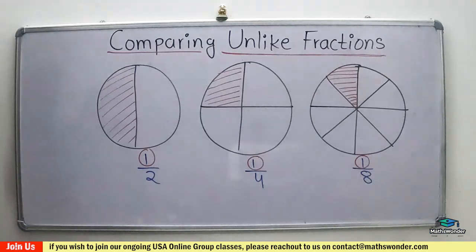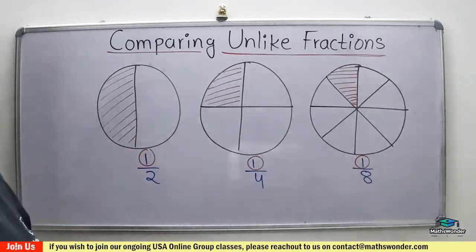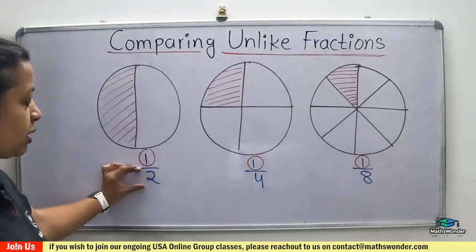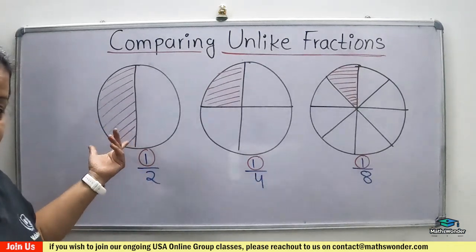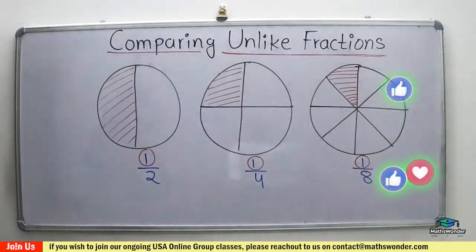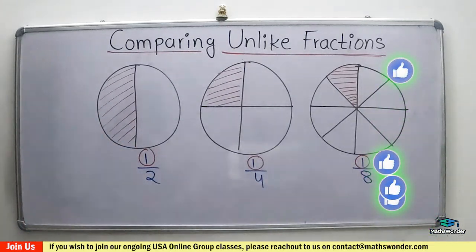Why will the smaller denominator be greater? So this is the answer. Understood the concept? Whenever you have two fractions with the same numerator, always remember the smaller denominator will be greater and the greater denominator will be smaller, because the pieces will be small, right? Pieces will be small.